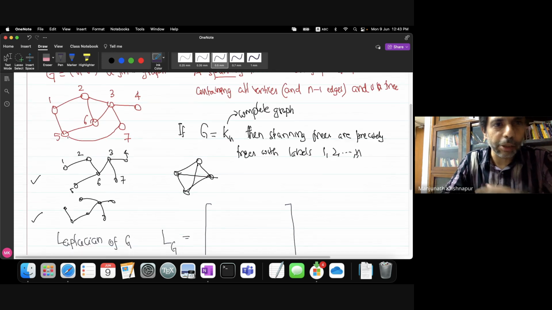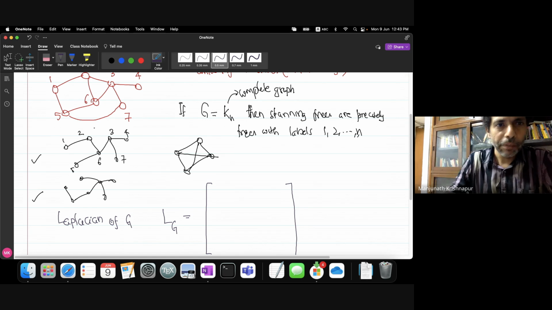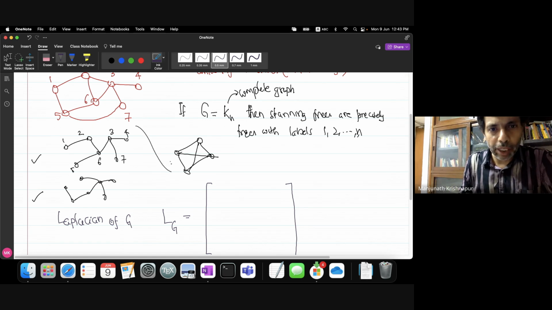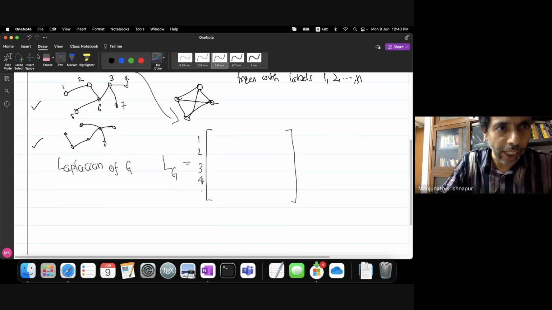So let's take this example. Let's work with this one. What is the adjacency matrix of this? For my own convenience, I'll write 1, 2, 3, 4, 5, 6, 7. There are 7, it's too big, so let me write part of it.